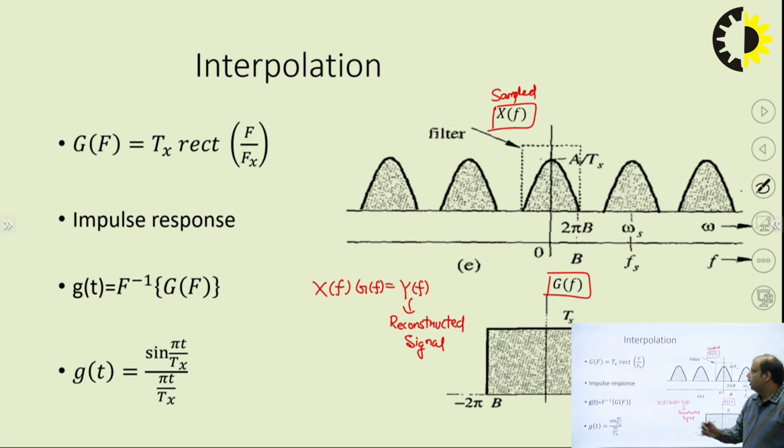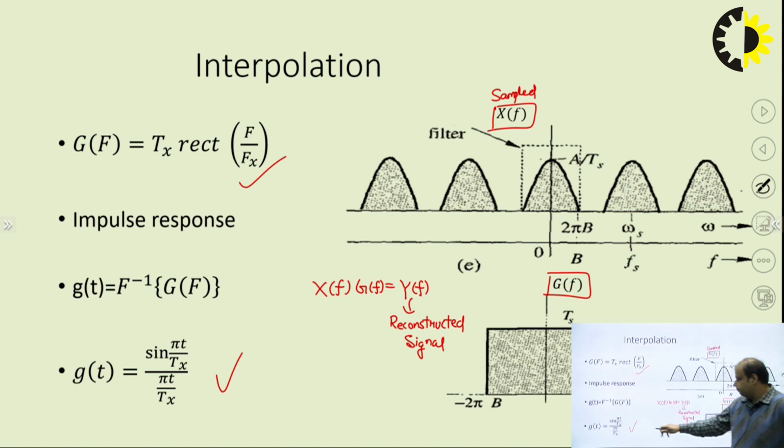Now if G(f) is of this form, it is basically a rectangular function having a cutoff frequency, suppose, from minus fs by 2 to plus fs by 2, by direct definition. And the inverse of a rectangular function is a sinc function. A sinc is sin pi x by pi x. So g(t), the inverse of the filter, means the impulse response of the filter; this is the frequency response of the filter.